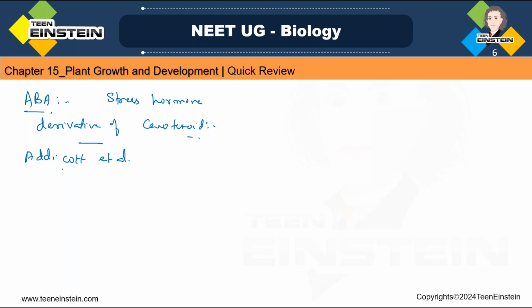Later, both these substances were found to be the same, and both were named abscisic acid. Abscisic acid is located in leaves, fruits, root cap and seeds.